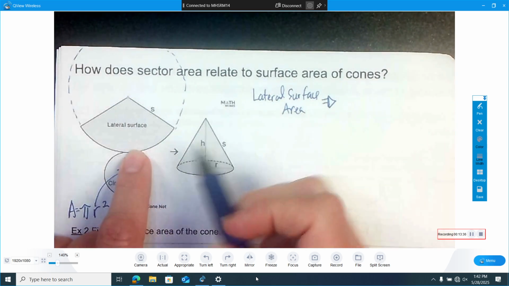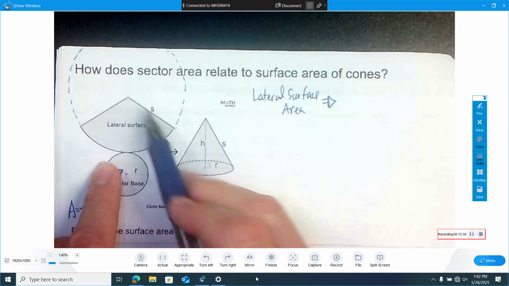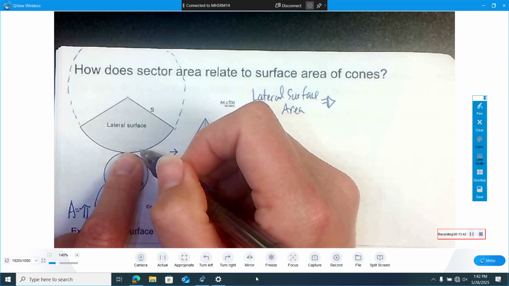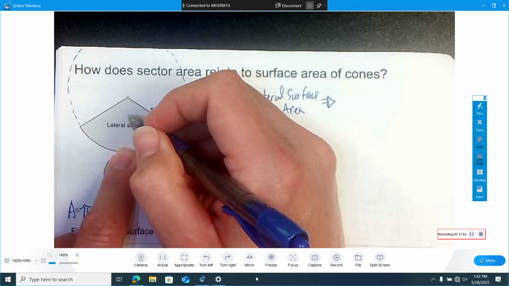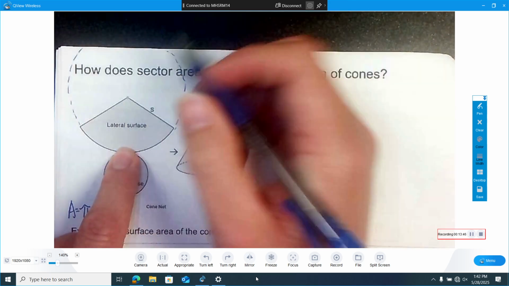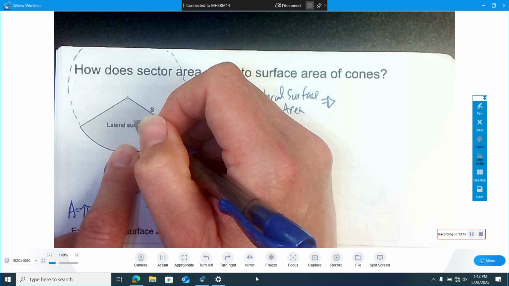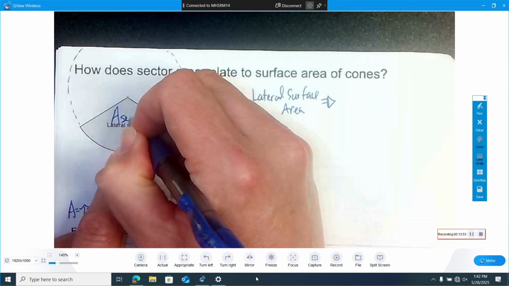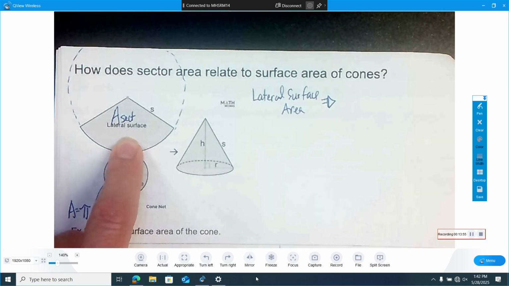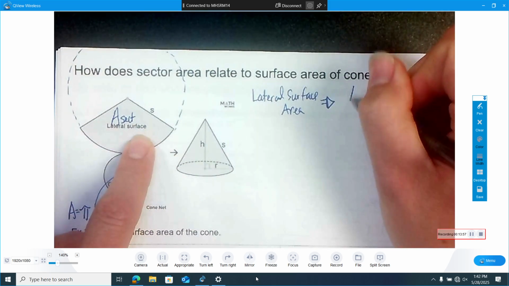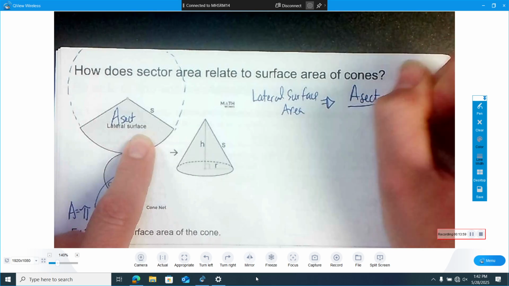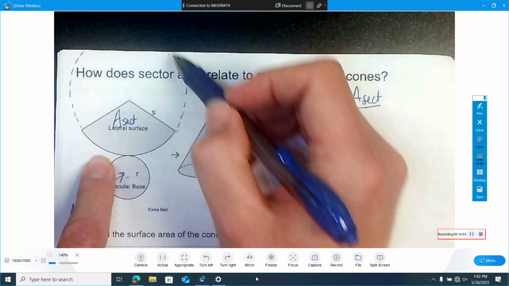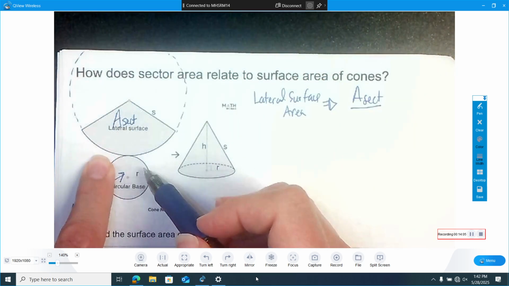When I look at this lateral surface, this little sector, I am trying to figure out this sector area, this shaded area. That's what we were just doing. The area of this sector is what we're trying to find. And this is a portion of this much larger circle.